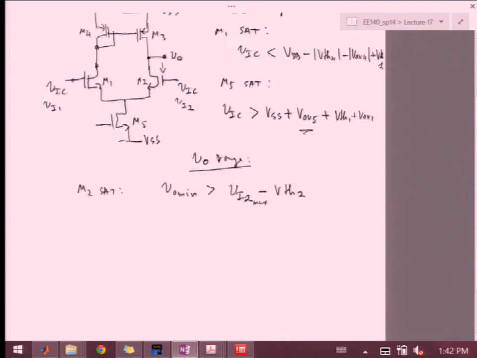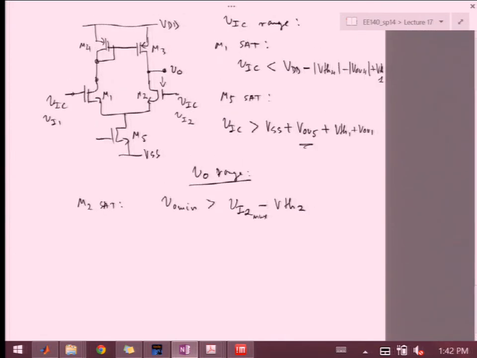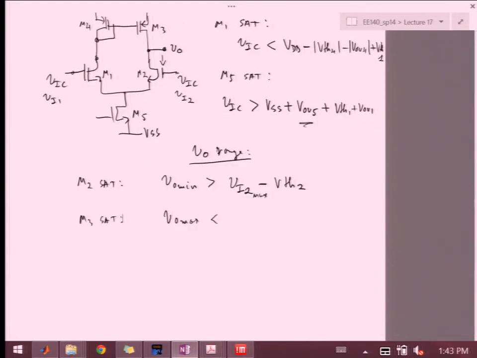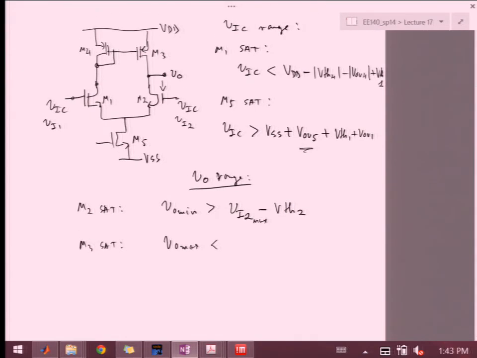So what other transistor may be problematic? M3. And VO max can go how far?